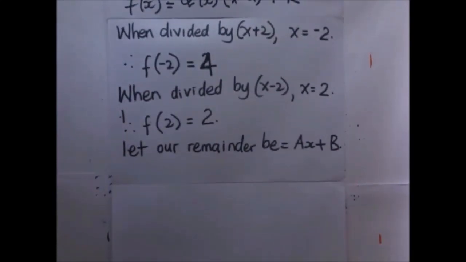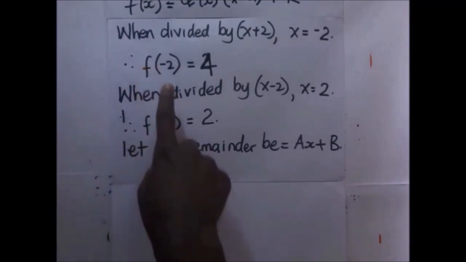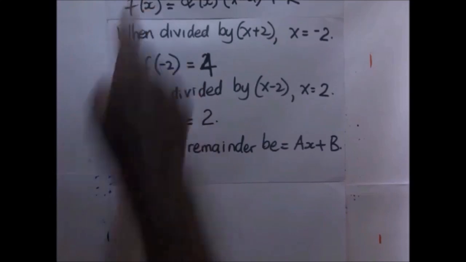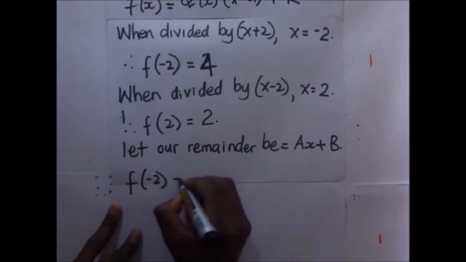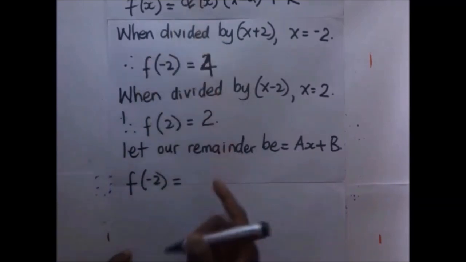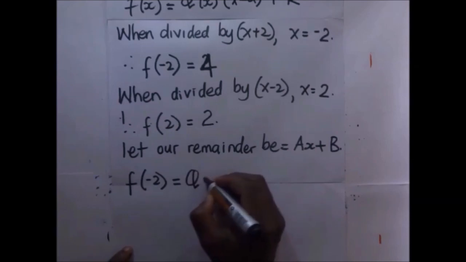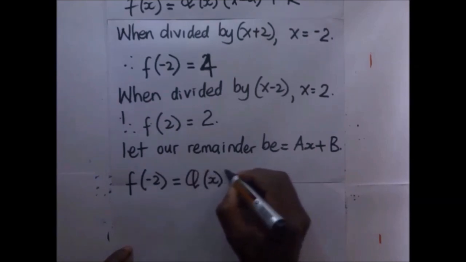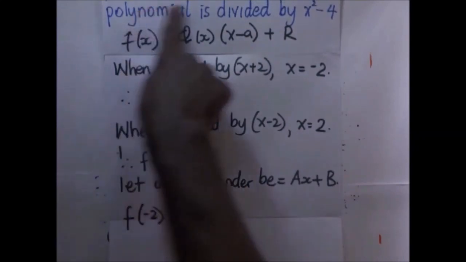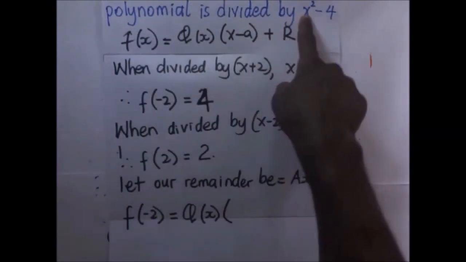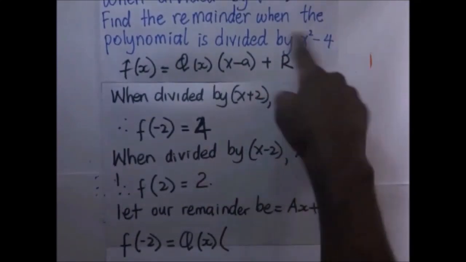So we begin. When we put our value of negative 2 there, that's going to give us the quotient times the divisor. They are telling us to find the remainder when the polynomial is divided by x squared minus 4, so this is going to be our divisor.